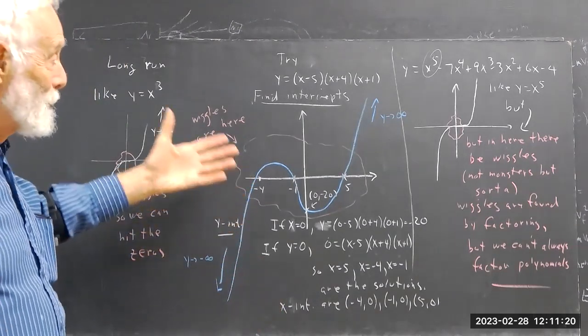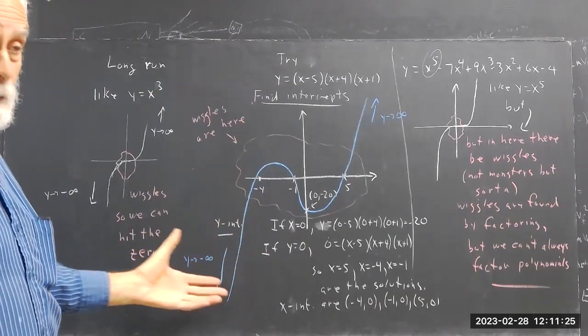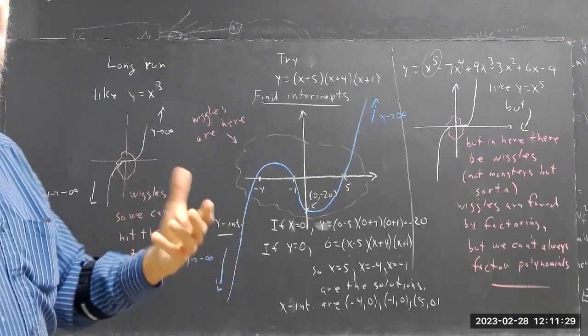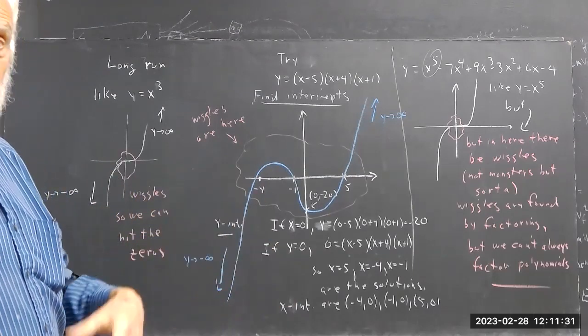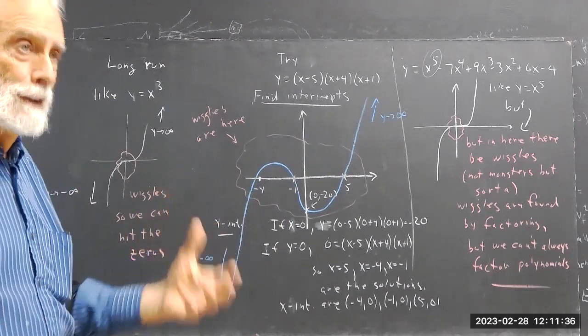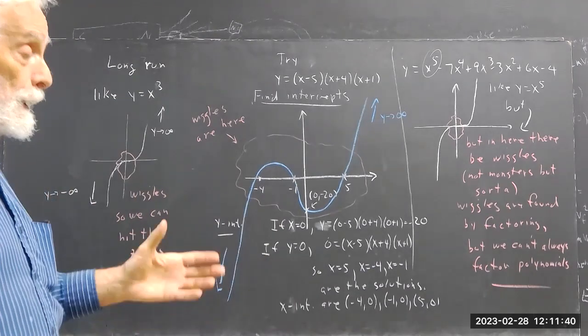But I think everybody sees that this is a much simpler process than the one we just looked at with quadratic functions, constructing the graph using transformations. That's a pretty complex process.